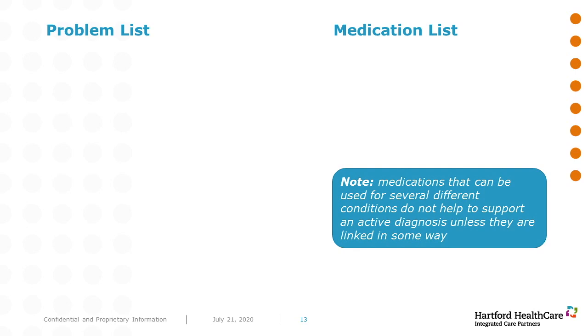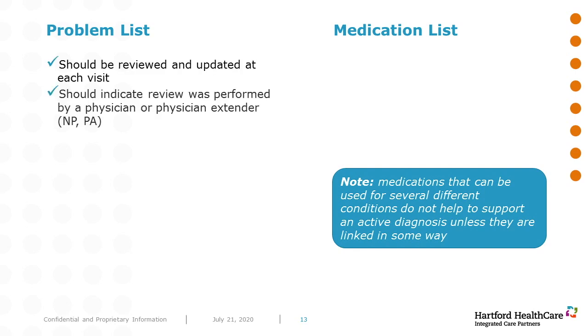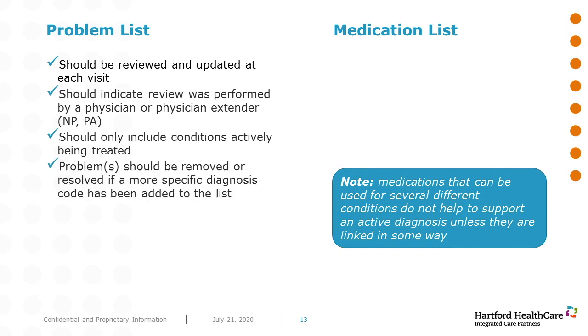Problem lists should be reviewed and updated at each visit. Should indicate review was performed by a physician or a physician extender. Should only include conditions actively being treated under the problem list. Problems should be removed or resolved if a more specific diagnosis code has been added to the list. For example, a patient who has uncomplicated diabetes now has diabetes with neuropathy.